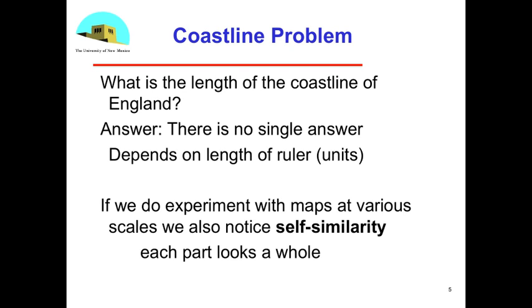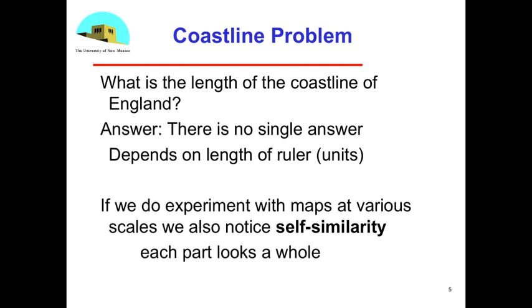I see more little indentations and protrusions, but if I didn't know the scale, I wouldn't know which map they came from. So this is the notion of self-similarity, that a part of the whole looks very similar to the whole when viewed at a lesser resolution.